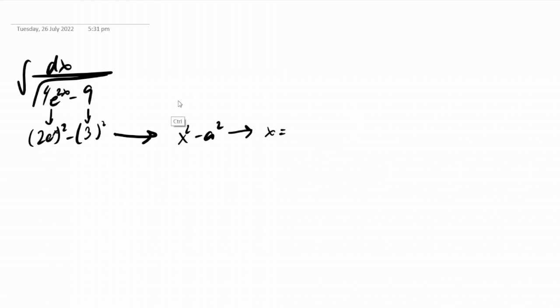So since x is equal to a secant theta, but in this case it's going to be 2e^x equals 3 secant theta.